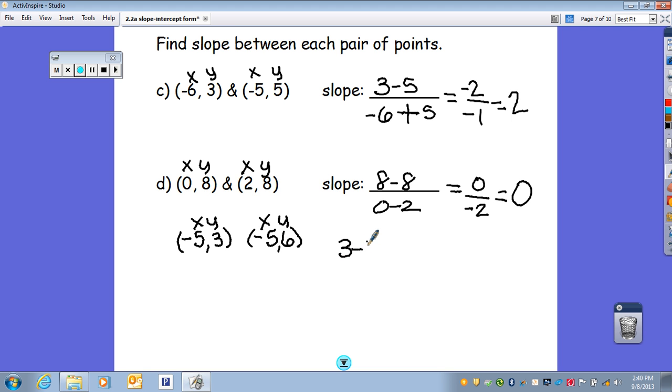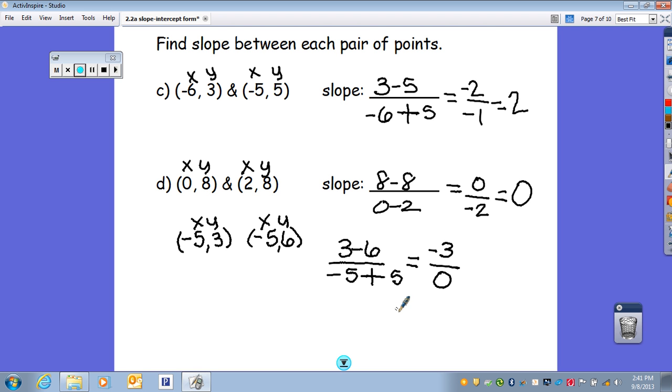So I'm going to take 3 minus 6, and then negative 5 minus negative 5. 3 minus 6 is negative 3, and negative 5 minus negative 5 becomes plus 5, and negative 5 plus 5 is 0.